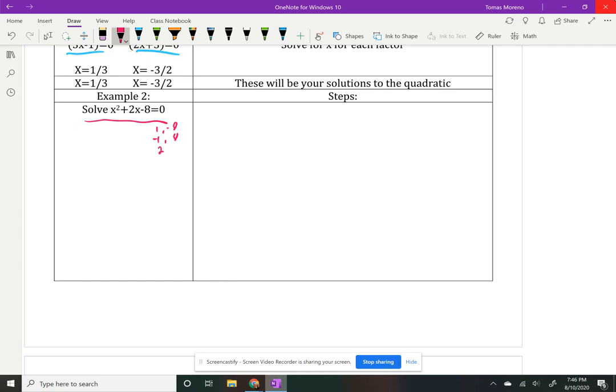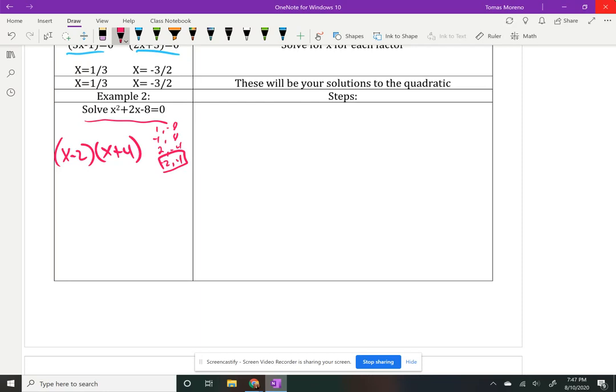We have 2 and -4, and we have -2 and 4. So I believe it would be this one right here. So now we have our two factors, x minus 2, x plus 4, right? We don't have to do any dividing or bottoms up because there's no fraction. So this one actually is a lot easier for us to work with, right?